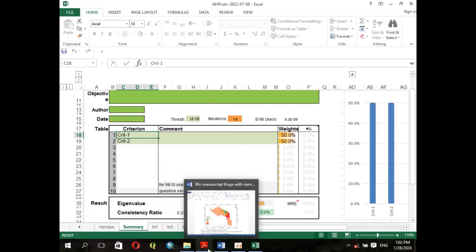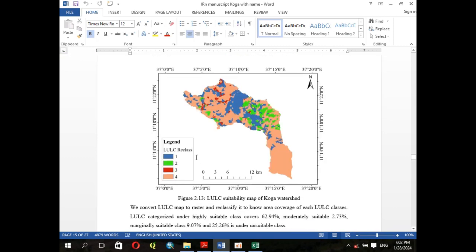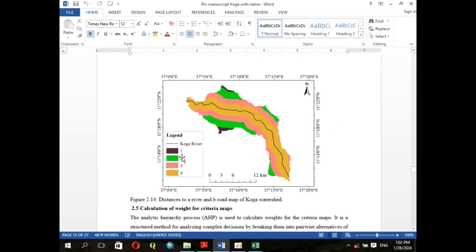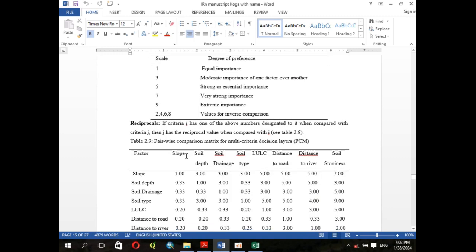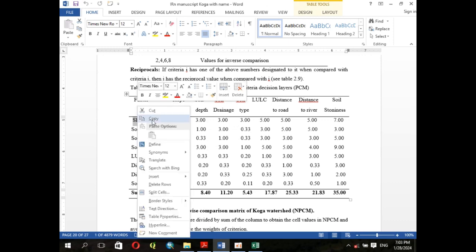So let me, for instance, use those parameters in order to do this example. Yeah, for instance, we have 1 2 3 4 5 6 7 8 parameters in order to do surface irrigation suitability mapping. Yeah, so let me copy this one.